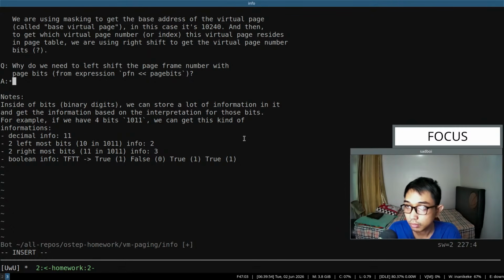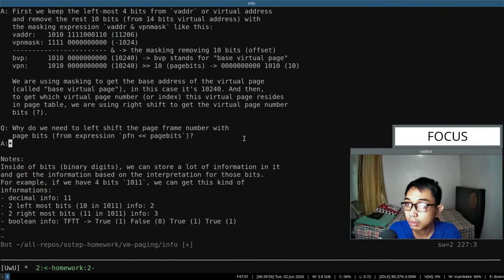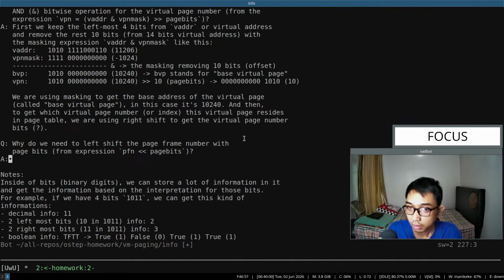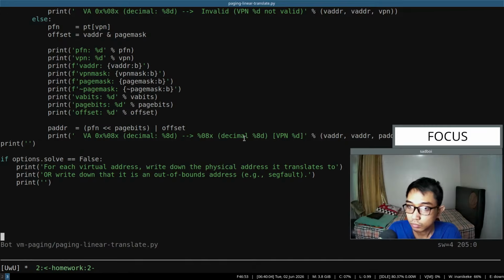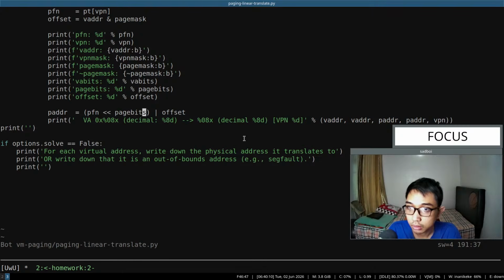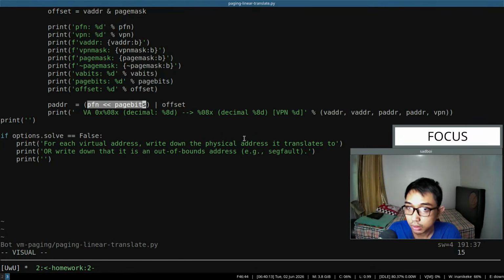Alright, from the expression, this one. So why do we need to use left shift with the page frame number?